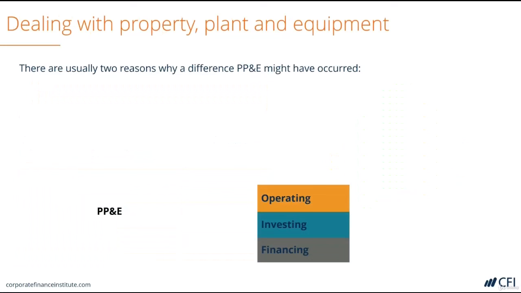When a difference in PP&E is observed on the balance sheet from one period to another, there are usually two reasons that difference has occurred. The first is depreciation expense, lowering the PP&E, and the other is net capital expenditures, which increase the PP&E.